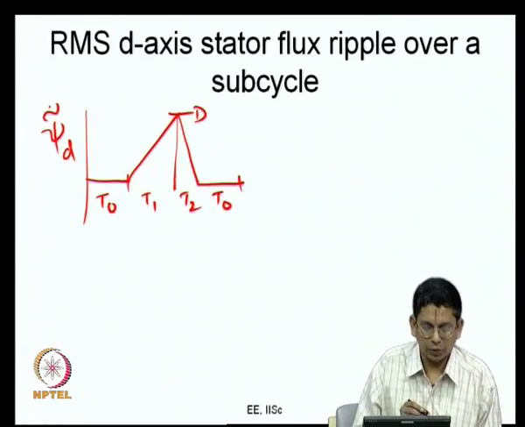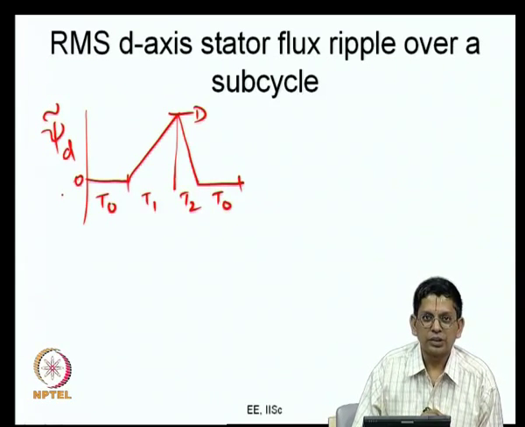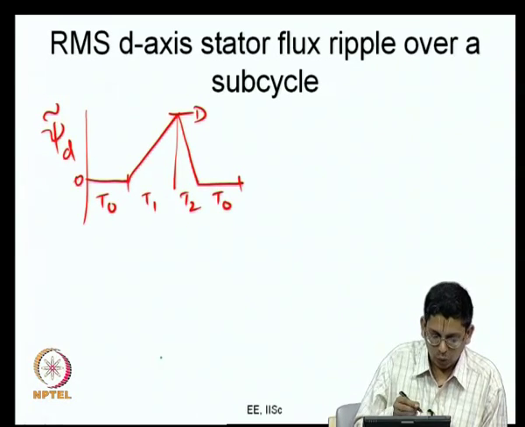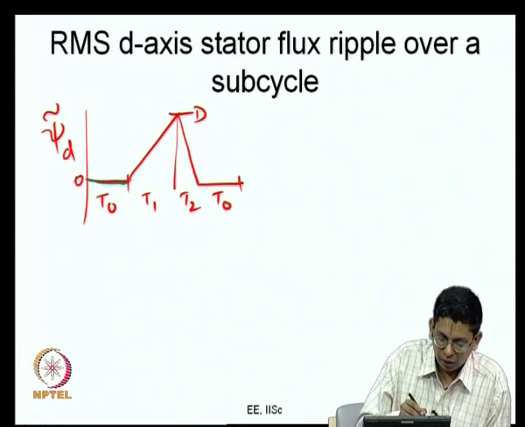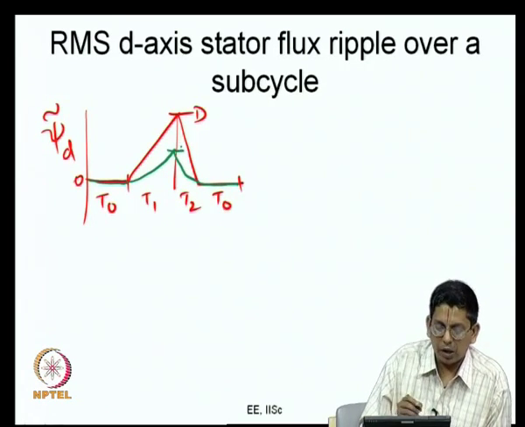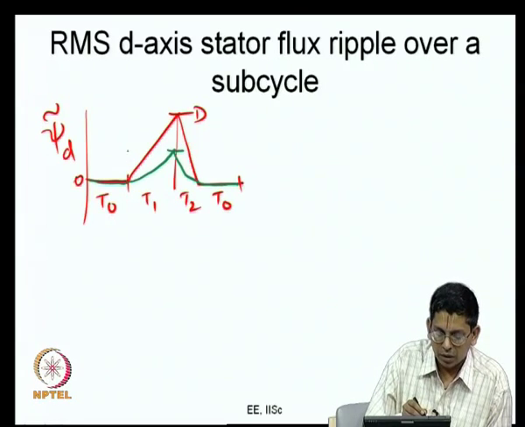So, the RMS value here is 0. For the RMS value, I am just going to square. When I square, it is 0 here and parabolic here, and again parabolic here, like this. The area under this parabola is 1/3 of the area of the rectangle.